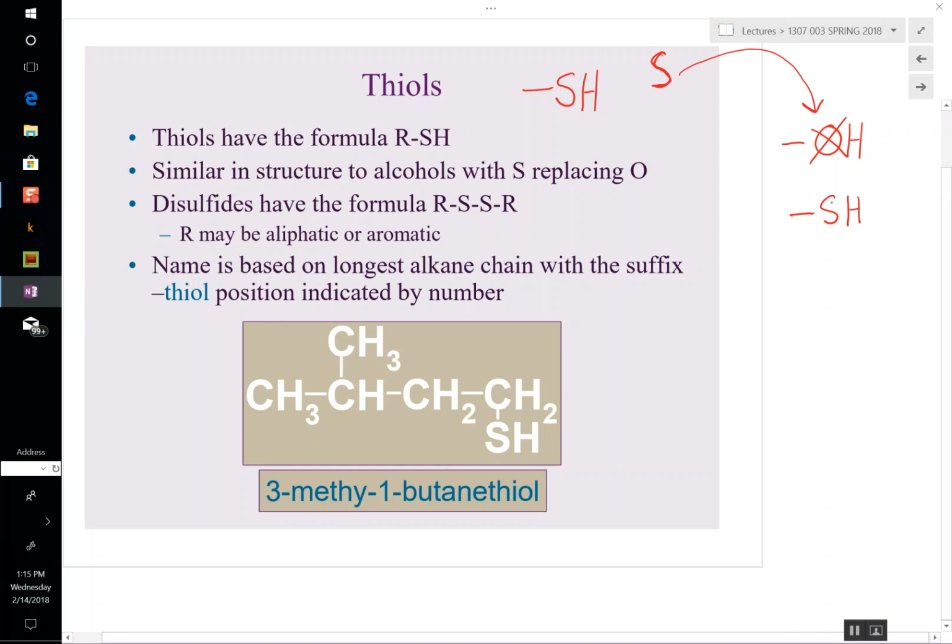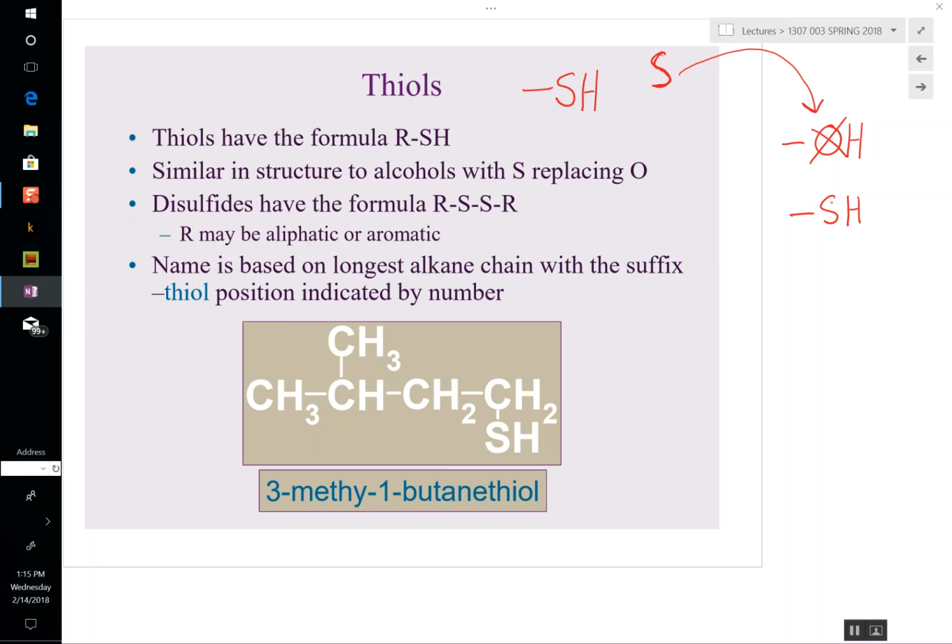And notice where sulfur is in the periodic table. Remember, these are in these groups because of the similarities they have with one another. So oxygen binds to 2 hydrogens, sulfur binds to 2 hydrogens. You can have an OH group on a carbon, you can have an SH group on a carbon.